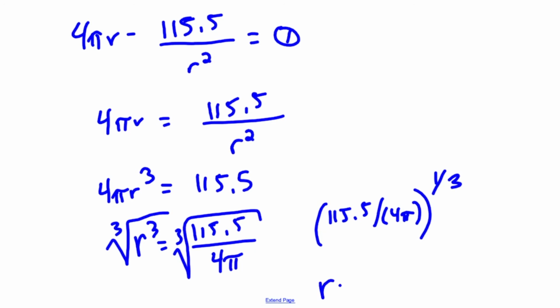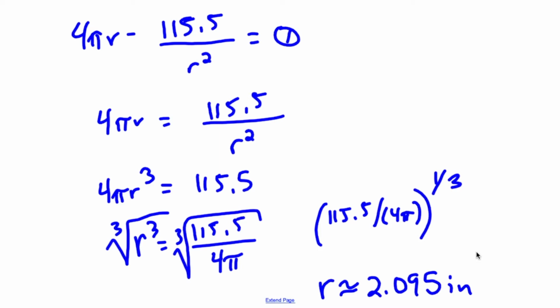You guys probably know that already, but I just want to show that to you. Approximate this to 3 decimal places, 2.095 inches. Now it would be the plus or minus, but we can't have a negative radius because we're dealing with real numbers here in real space. It's a real can, so you can't have a negative radius there.